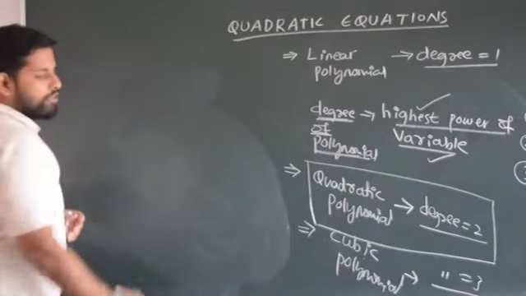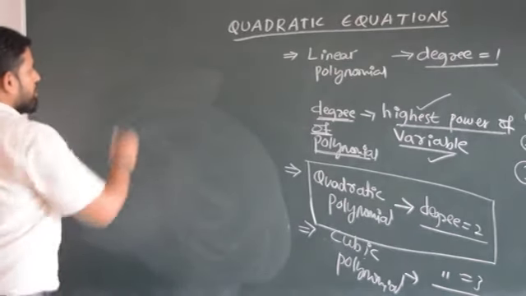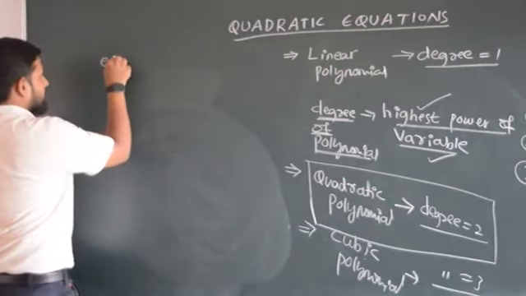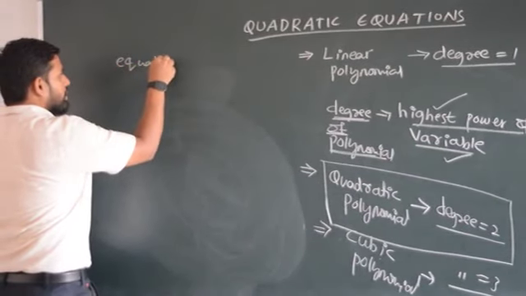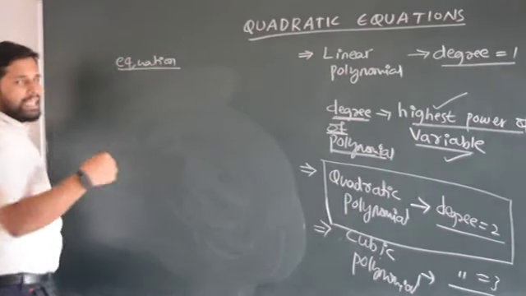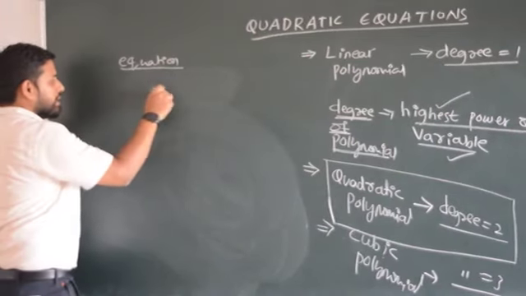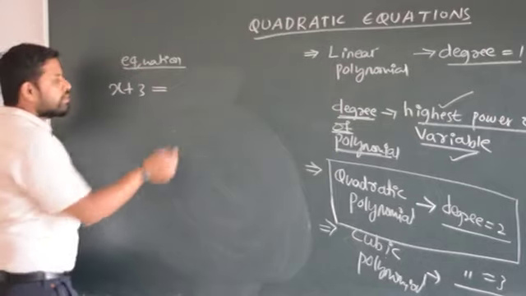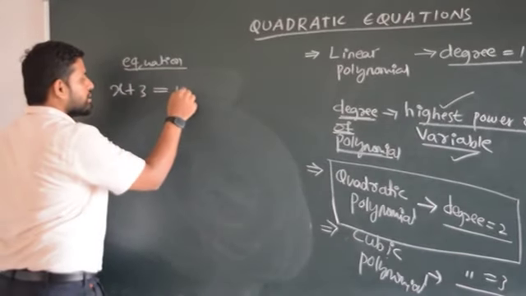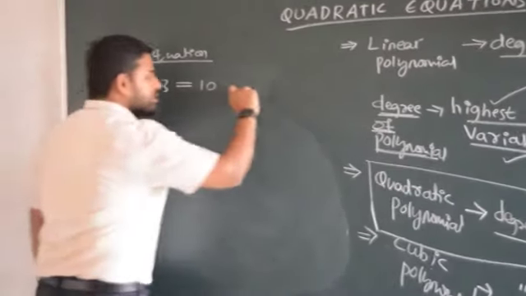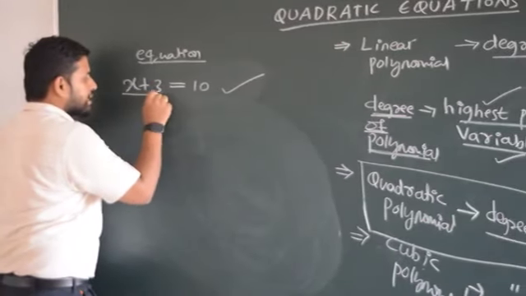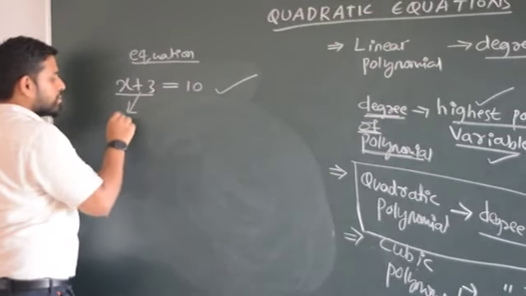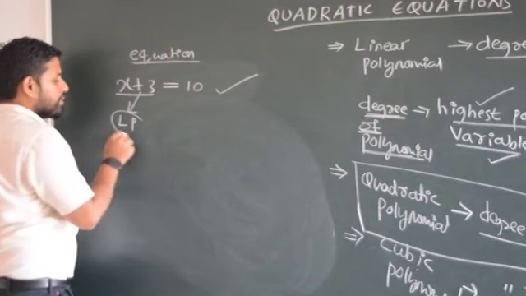Okay, fine. Now tell me, what do you mean by equation? Whenever I say equation, there must be some equal sign, no? For example, if I write x plus 3 equal to something, let me take it as 10, this is the equation. If I just write x plus 3, it is an LP, a linear polynomial.